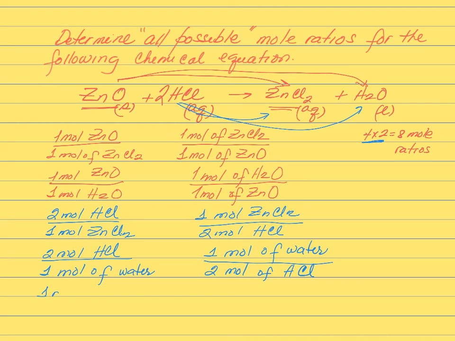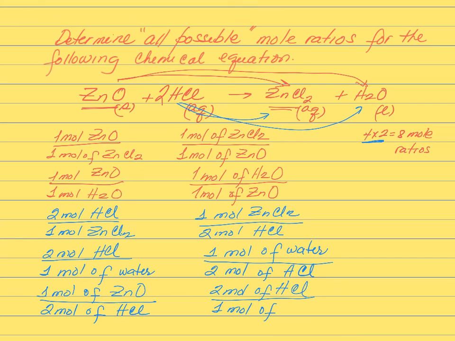So 1 mole of zinc oxide has to react with 2 moles of hydrochloric acid, and 2 moles of hydrochloric acid have to react with 1 mole of zinc oxide. Here I have 1, 2, 3, 4, 5, 6, 7, 8, 9, 10.